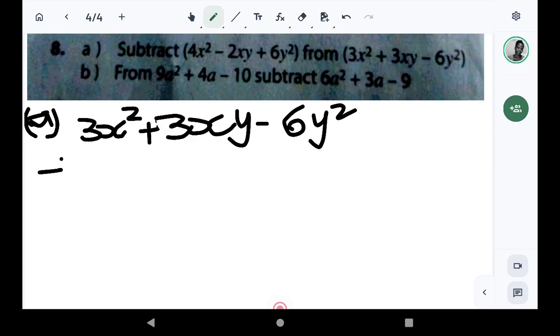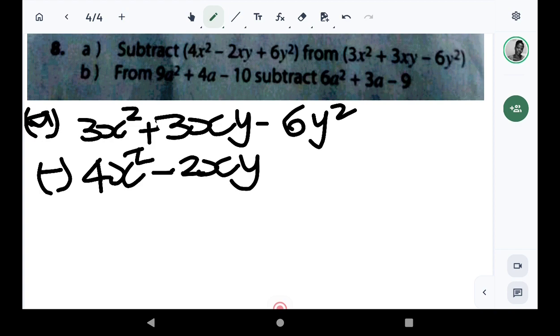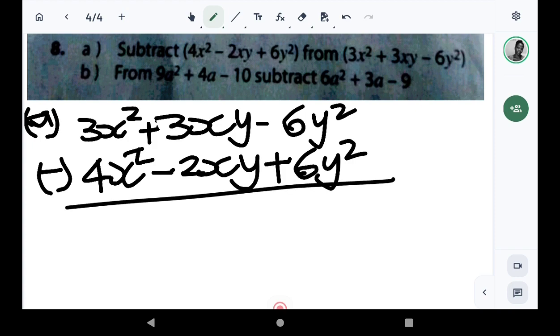Okay, we must subtract 4x squared minus 2xy plus 6y squared. That's how you write it.